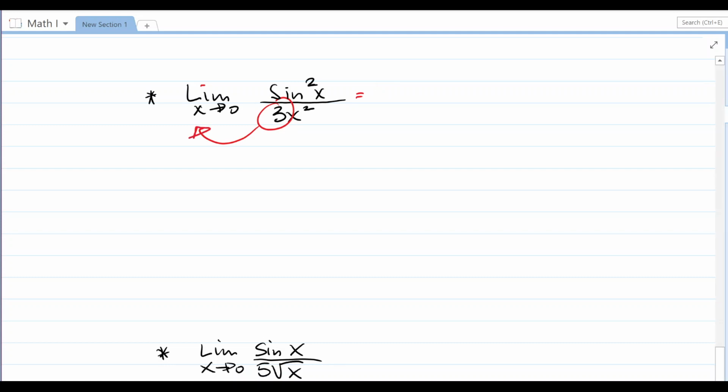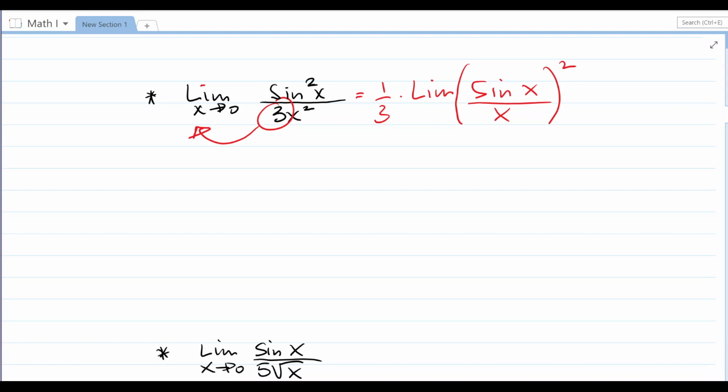So we can say that equals 1 over 3 times the limit of sine x over x in brackets squared, which is the same thing.